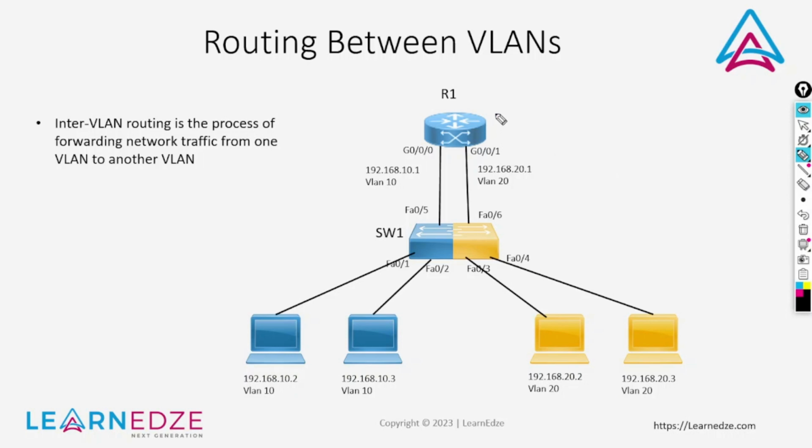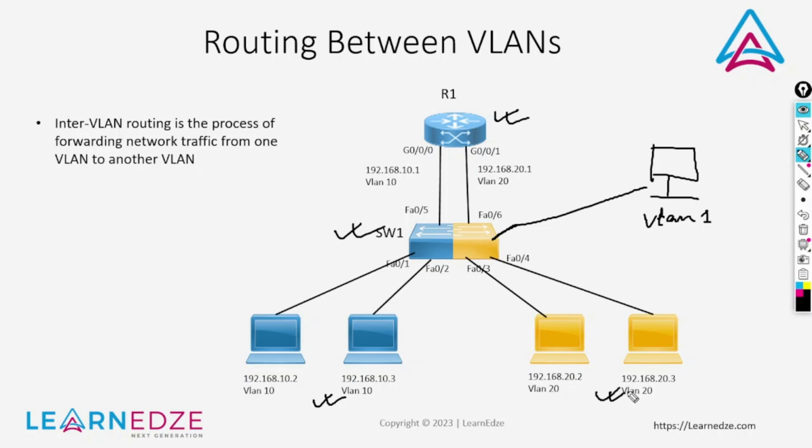Now let's say this is your office network, and this one is your PC, and you have to manage this network. Let's say some errors occurred in this network, so you have to troubleshoot it. So you take your PC and connect to the switch in order to check what is wrong, right? By default your PC will be in VLAN 1, and these PCs are in VLAN 10 and these PCs are in VLAN 20.